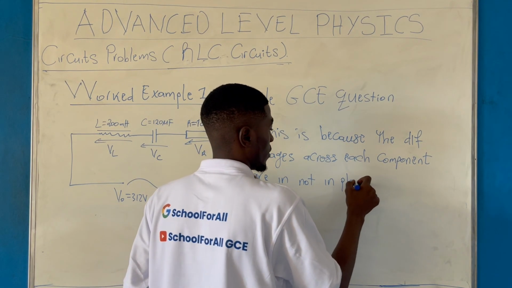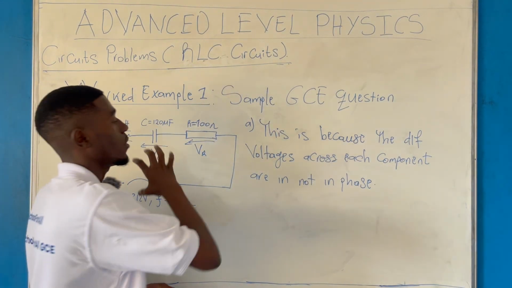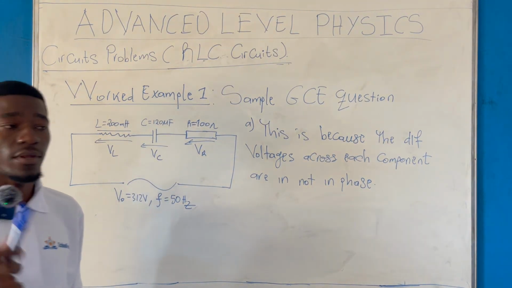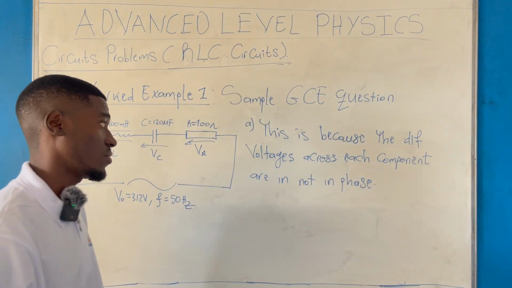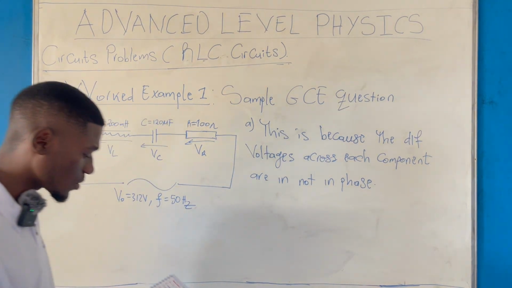That is it. So the only way for us to sum all those voltages so that it gives us the resultant voltage is to do vectorial addition or phasor addition. If you do algebraic addition, it will not be the same because they are not in phase. So that is the A part of the question.